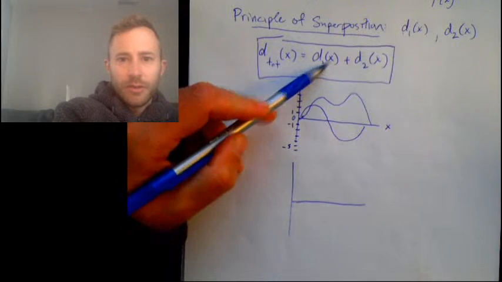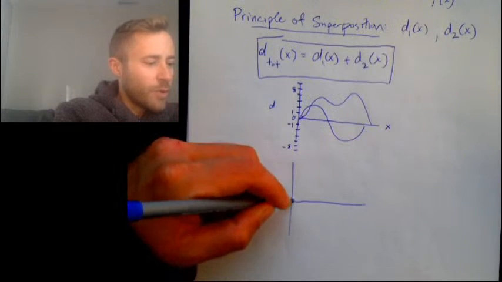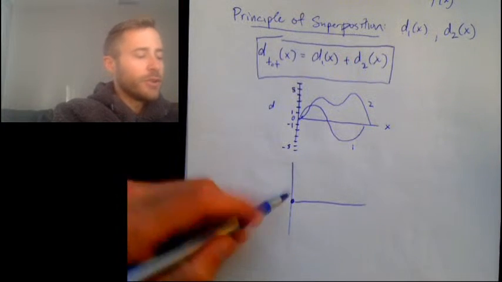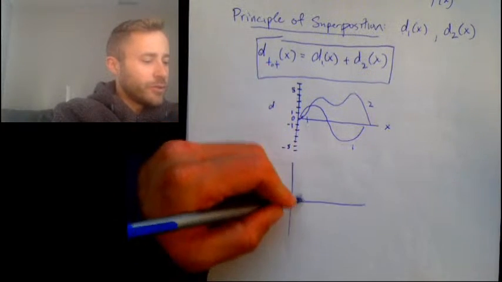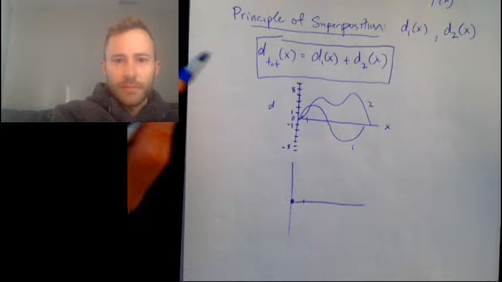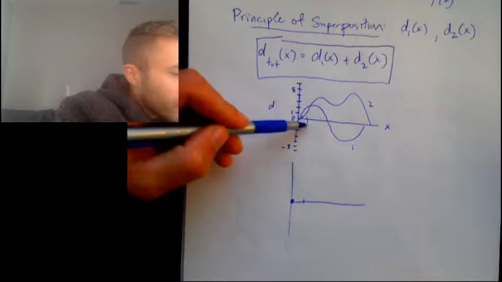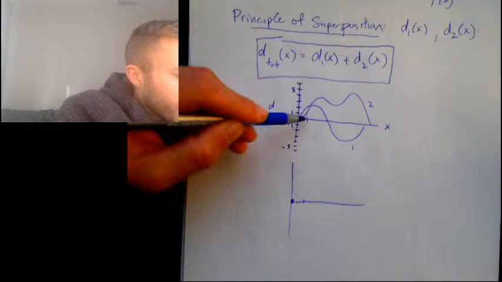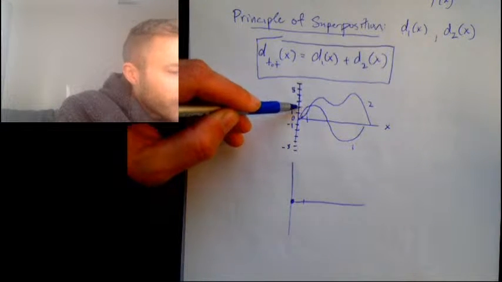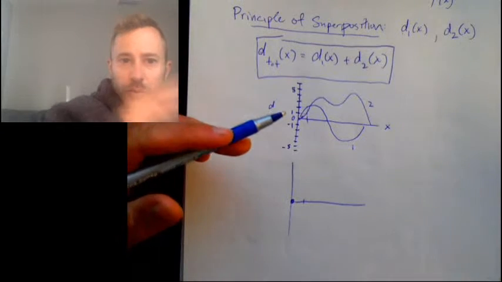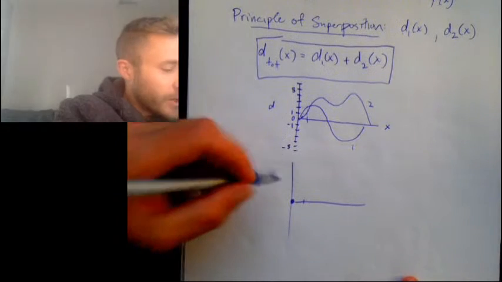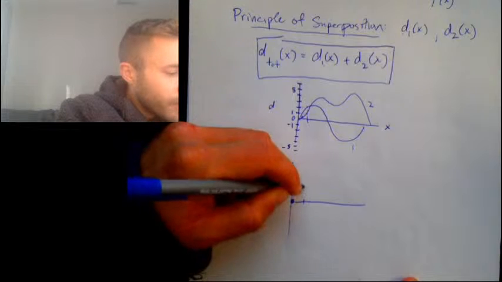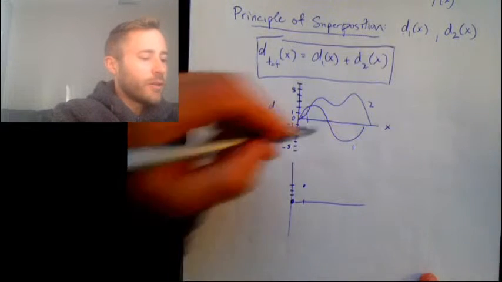So 0 plus 0 equals 0, and the total wave is going to be equal to 0 there. Now what if I choose this location? Here wave 2 is approximately equal to 1, and wave 1 is approximately equal to 2. So 2 plus 1 is 3. That's going to be the total wave at that location.